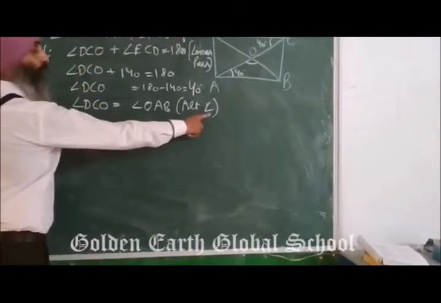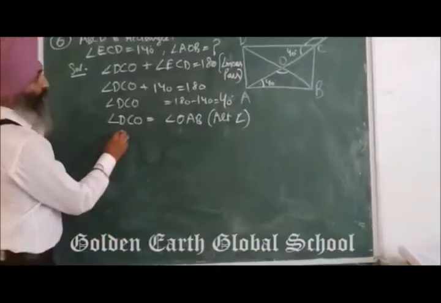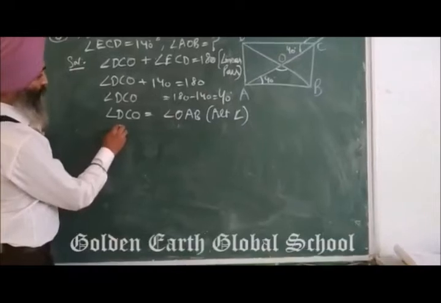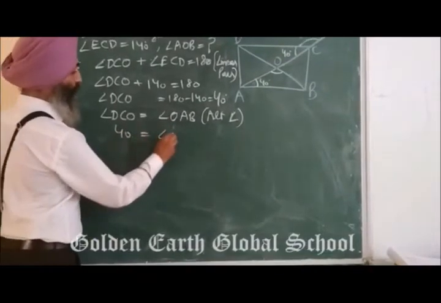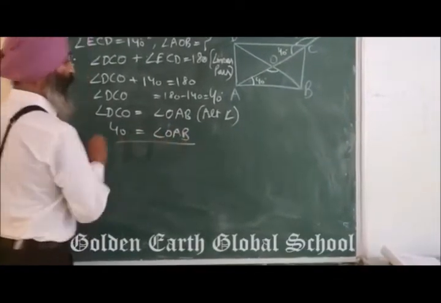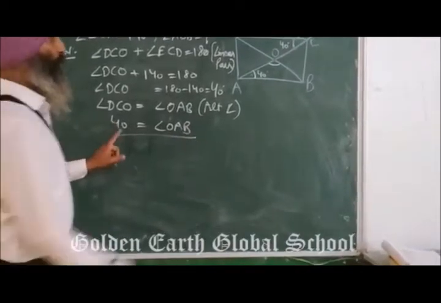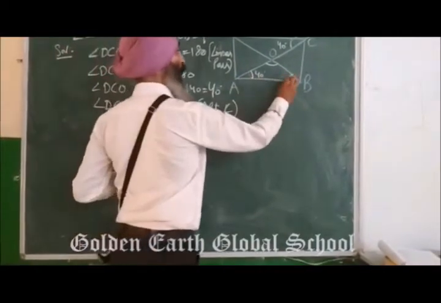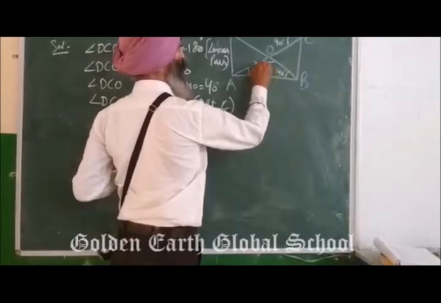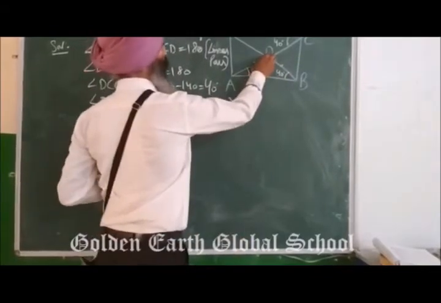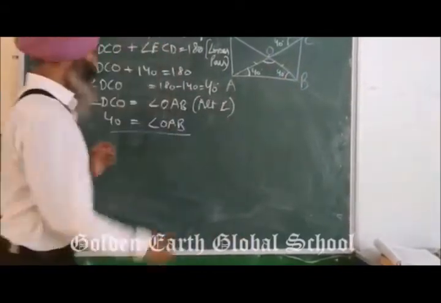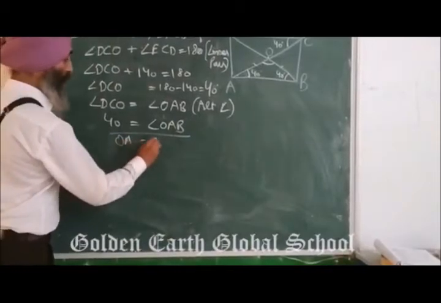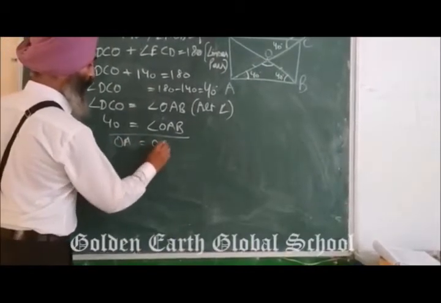Okay, this is the sign of alternate angles. So now DCO is 40 degrees. Therefore, angle OAB is equal to 40 also. Now, if it is 40 degrees, then this would also be 40 degrees because we know that OA is equal to OB. Then their opposite angles are also equal.